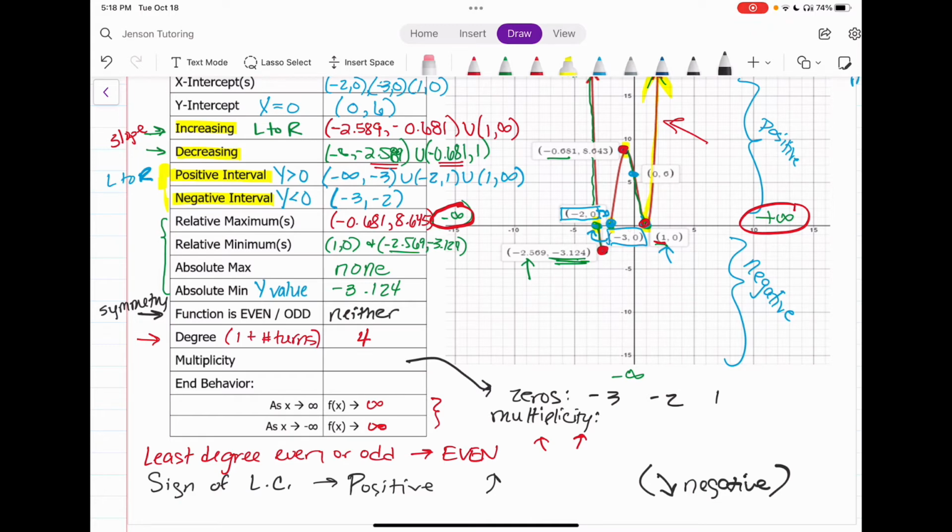At -3, the function is crossing the x-axis, so that would give us a multiplicity of 1. Again, it's crossing the x-axis at -2 as well, so that's a multiplicity of 1. But here, where x is 1, see how the graph bounces there. So that would give us a multiplicity of 2.